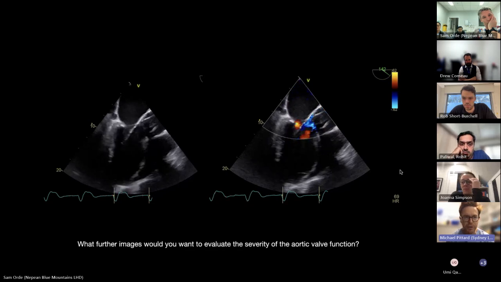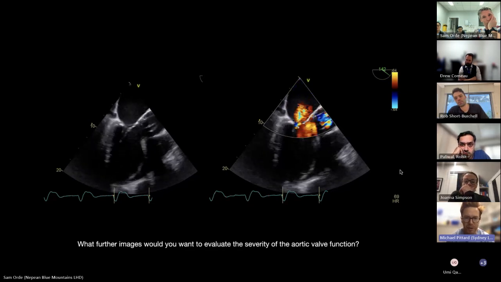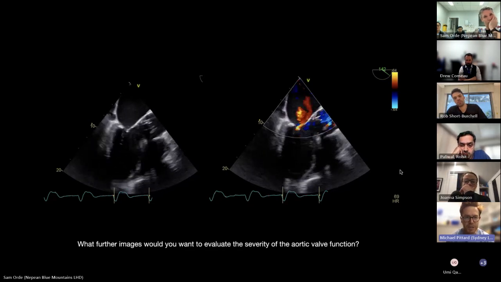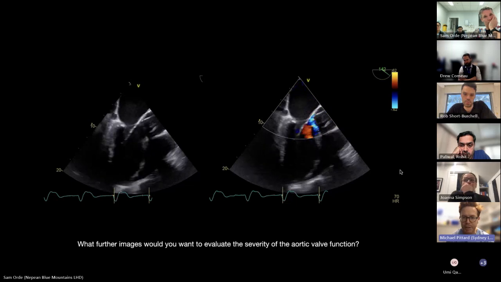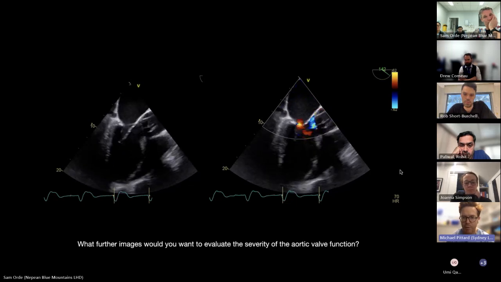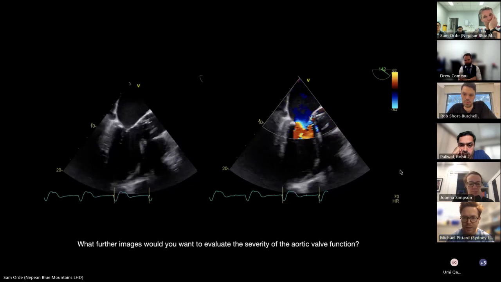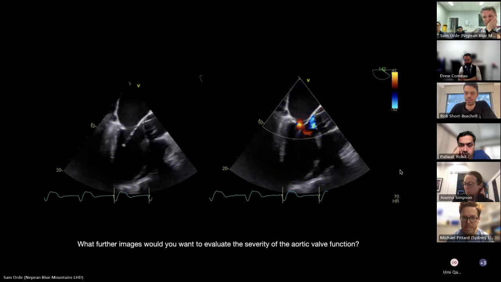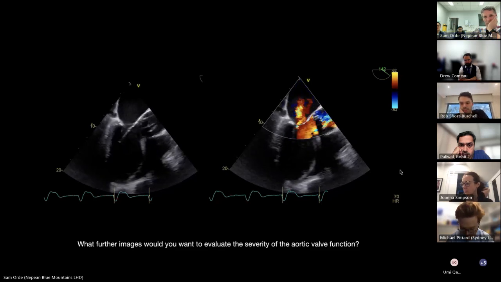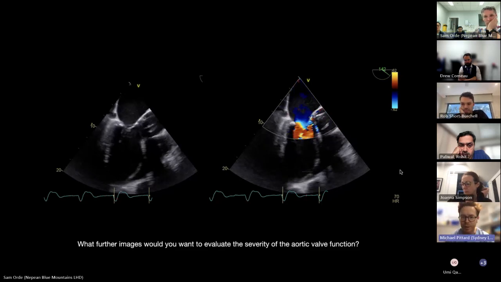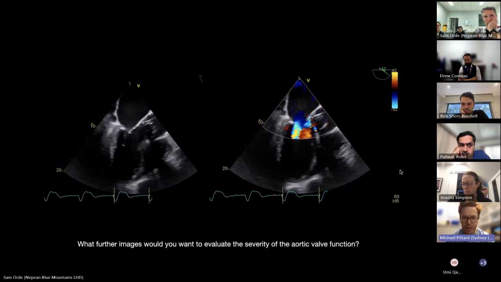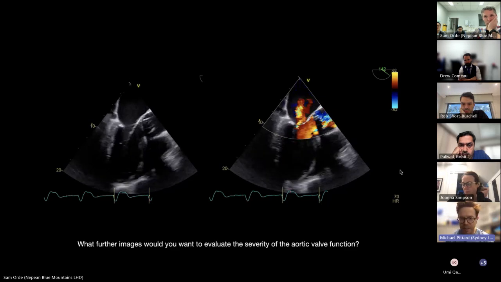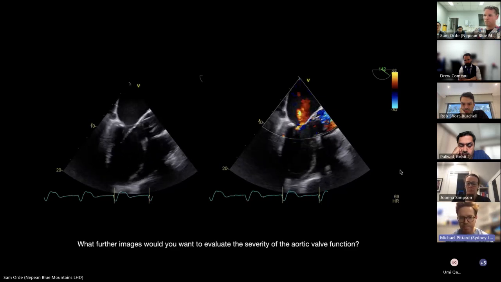So a 45-degree view, or even a biplane view at the current angle, to see the location of this regurgitation, because it seems like there might be multiple regurgitant jets. Anything else? I mean, it would help me with chronicity to see measurements of the LV to see if it's dilated. I can't think of anything else at the moment.